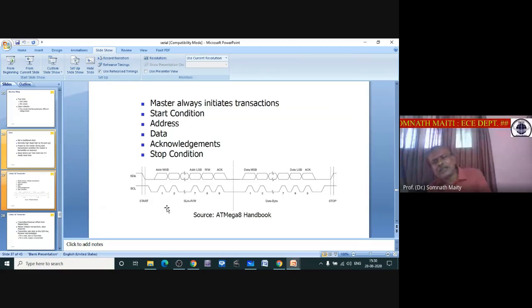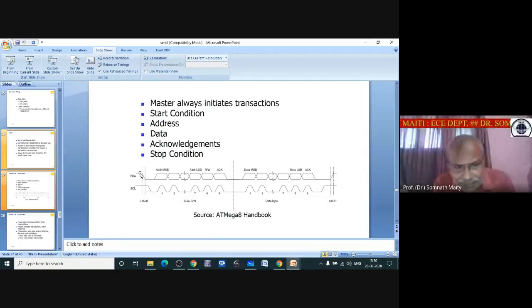This is the data byte and this is the address plus read/write. So: start condition, address, data, acknowledgement, stop condition. Here this is acknowledgement, data received.